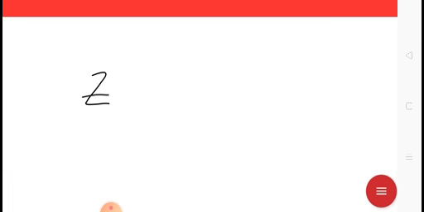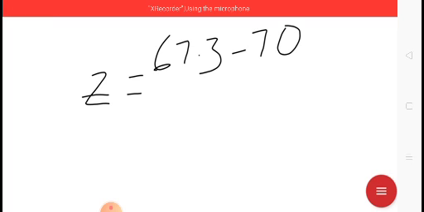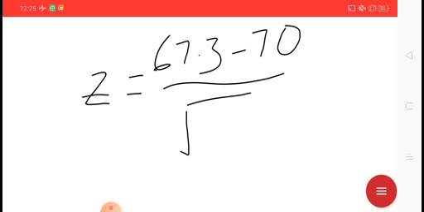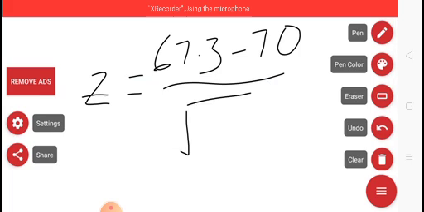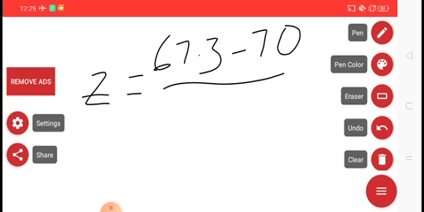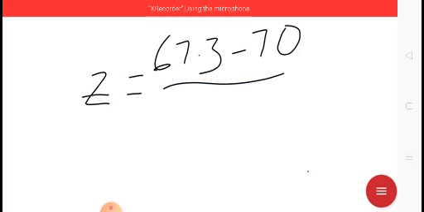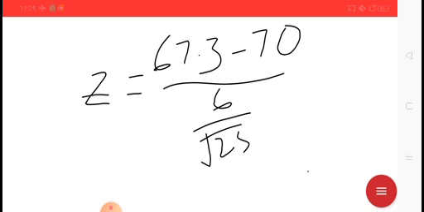Z is equal to the mean that you get from the sample, 67.3, minus 70, over 6 over the square root of 25. If you calculate this, you should get negative 2.25.